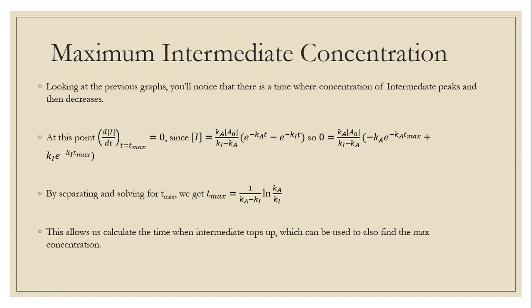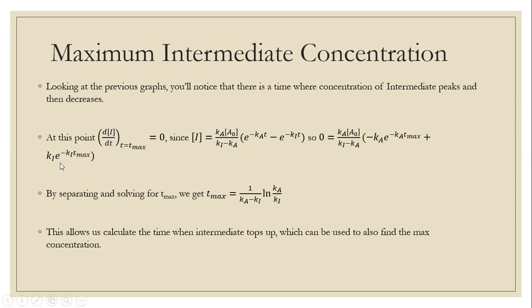So if we look at that, the change in I with change in time is 0. If I take the derivative of this with respect to t and set the derivative at 0, then e to the negative Ka t at t max gets factored out to negative Ka, because the derivative of e to the x is pulling x out front times e to the x again.